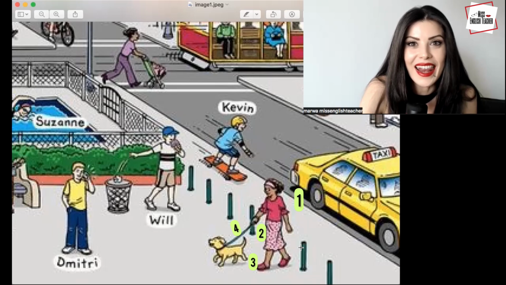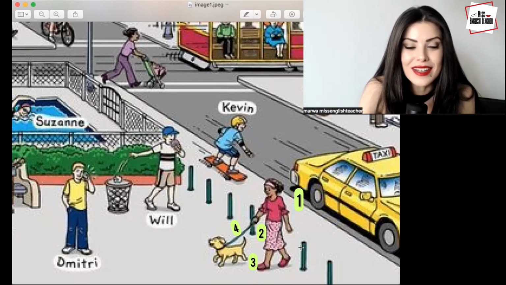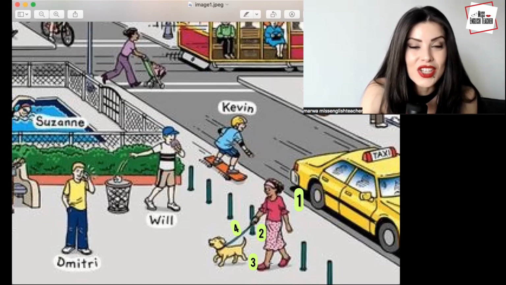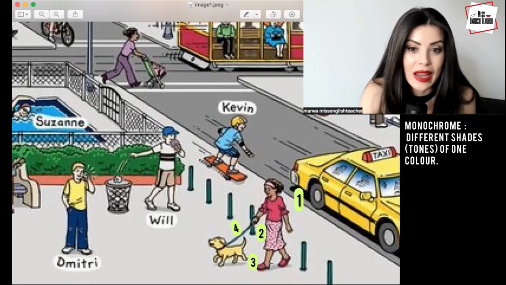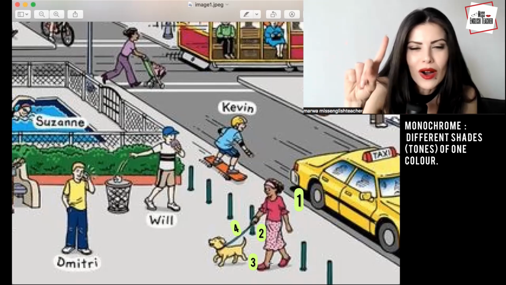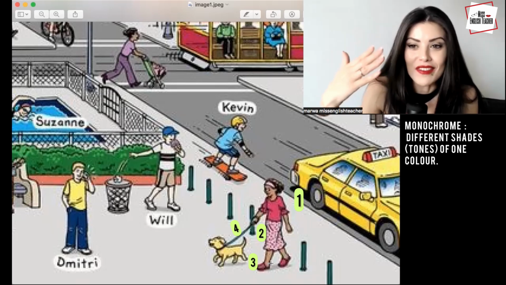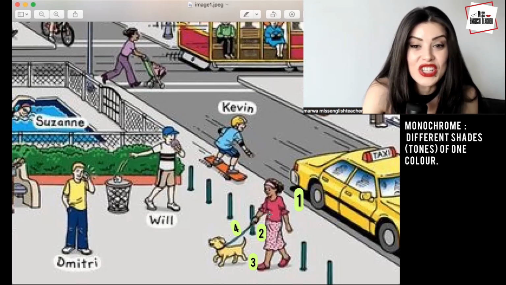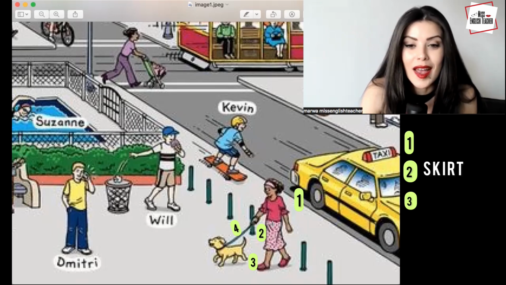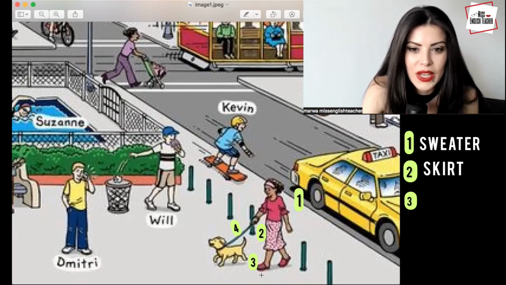Okay, so let's see how many of these words did you get? Well, first of all, we can say that there's a lady and she's wearing monochrome pink. When you wear monochrome, it's like you wear one color and you have different shades of it. So she's wearing different shades of pink here, like a pink skirt, a pink sweater, pink shoes, and so on.